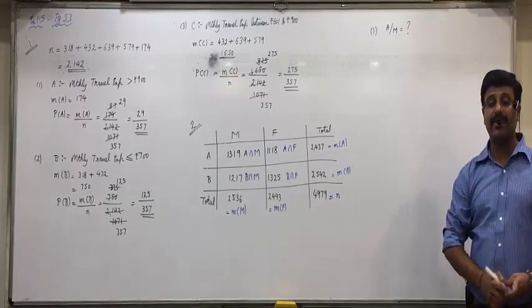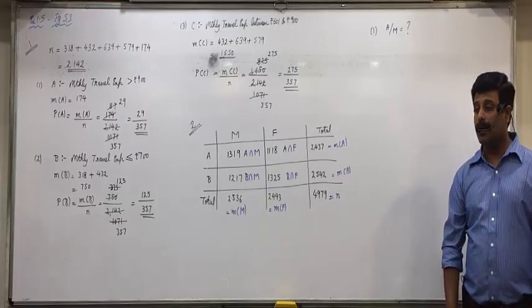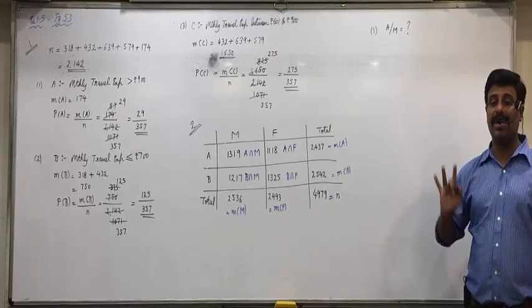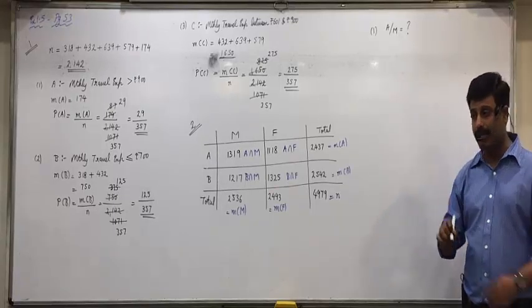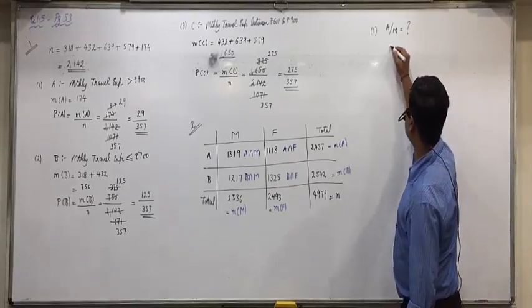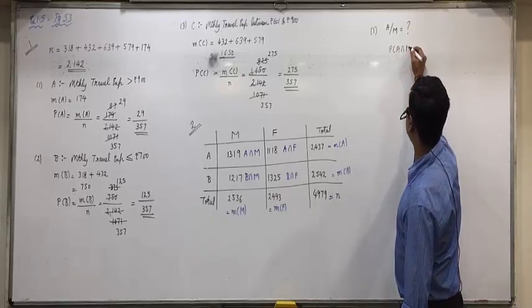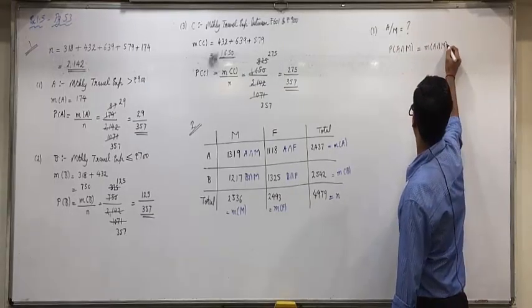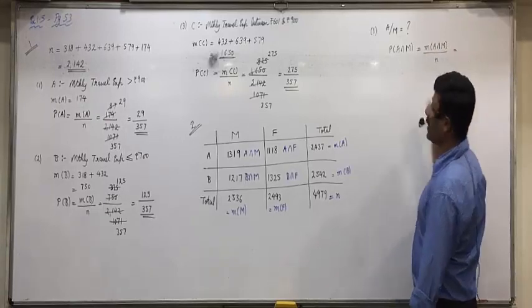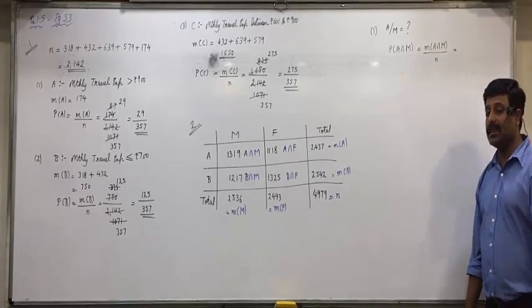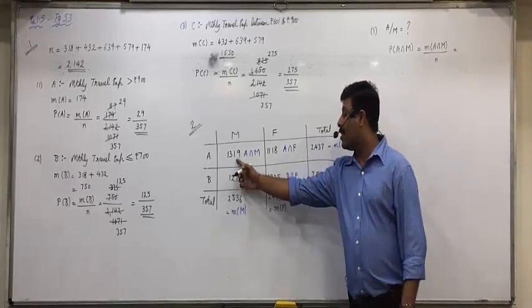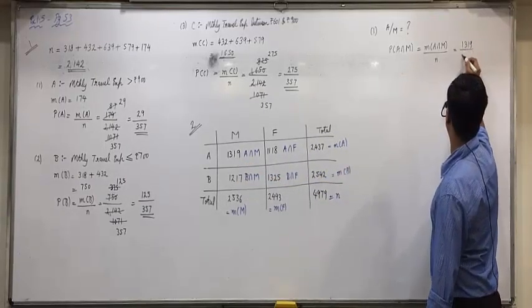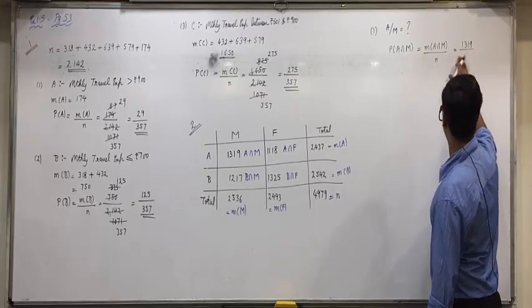Now what are we asking in the first question? A slash M. For A slash M, the formula is A intersection M upon M. So first we find A intersection M. P of A intersection M is equal to n of A intersection M upon n. See in the table, what is n of A intersection M? 1319 upon, what is n? 4979.